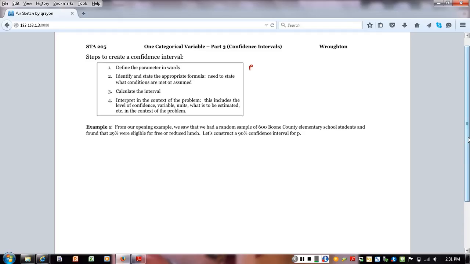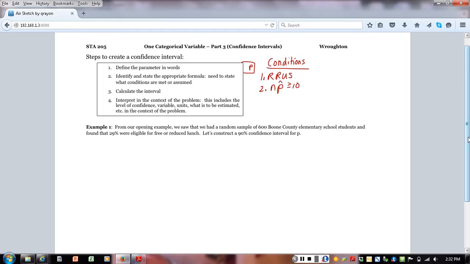Step 2, we need to get the conditions. So let me list the conditions over here for you. These conditions are going to look very similar to those that we've had in the last 2 sets of notes, with just small adjustments. We're still going to have a relatively random and unbiased sample. Before, we've had n times p was at least 10, n times p0 was at least 10. Now we're going to have n times p hat be at least 10.